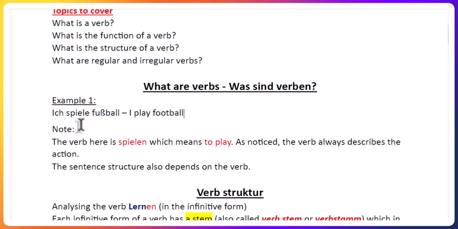The verb spielen is an infinitive verb, meaning to play, but when you want to say "I play football", you have to conjugate it according to the subject. That's what conjugation means.